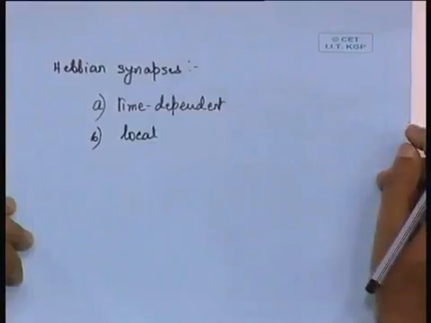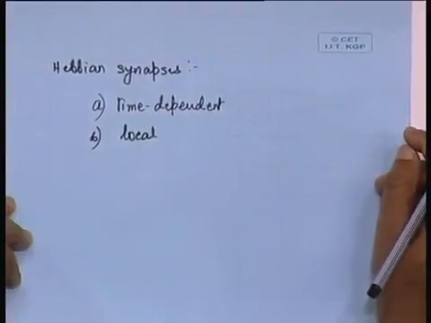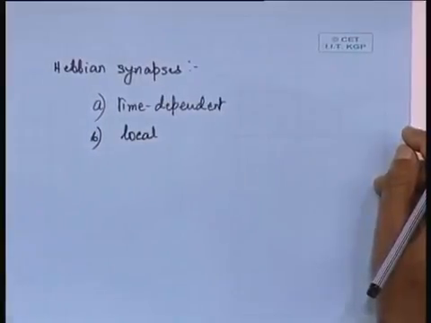The second thing is that it is highly local in nature. That means the synaptic weight adjustment is very much dependent upon the postsynaptic and the presynaptic neuron only. So, it is absolutely local. It is not dependent upon the other neurons. So, it is definitely following a kind of spatiotemporal contiguity.